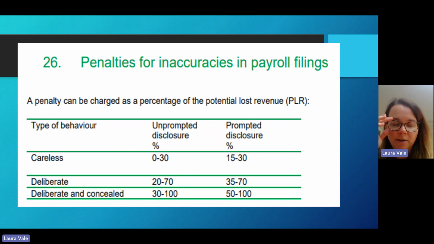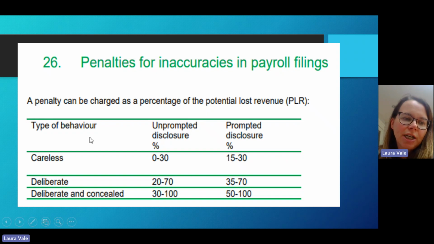The other type of penalties that I mentioned was if there are inaccuracies in the payroll filing. So you have sent it in, but there's something wrong. So here we can see that a penalty can be charged as a percentage of the potential lost revenue. So that basically means how much should you have paid, right, if you had worked it out correctly.